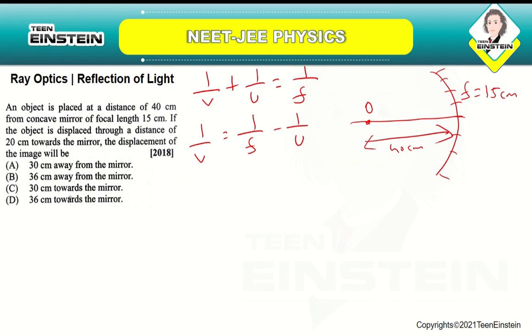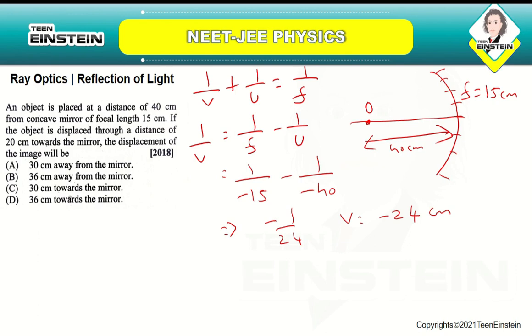Okay, so you are going to write it as 1 by minus 15 minus 1 by minus 40. So if you solve this, you will be getting it as minus 1 by 24, or v is equal to minus 24 centimeter. So here the negative sign indicates the image is formed in the front of the mirror.